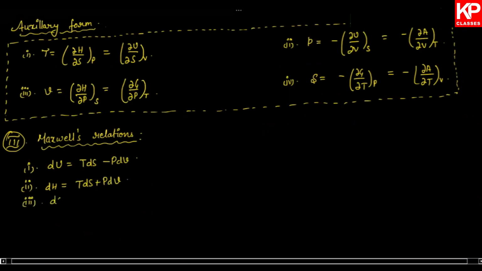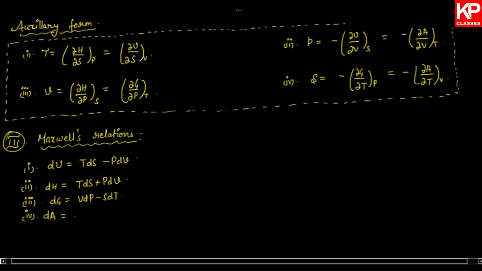Similarly for Gibbs free energy, dG equals VdP minus SdT. Make sure you remember these four equations. You make some notations or concepts so that you don't get confused. You have to learn these equations in order to calculate the Maxwell relations.